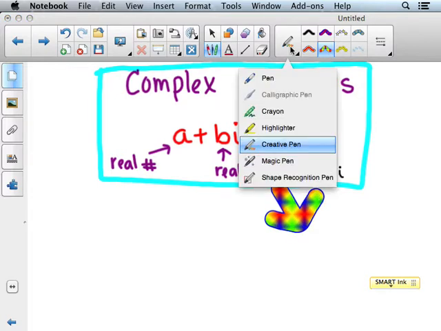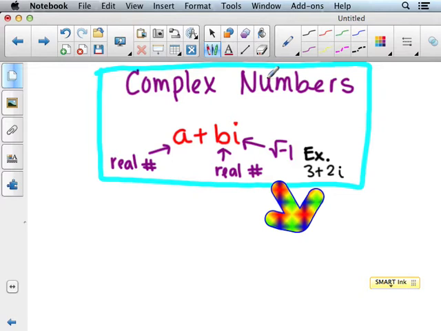We've got imaginary numbers, regular imaginary numbers. Now, imaginary numbers, let's do this in purple. Imaginary numbers are basically the same thing as complex numbers, except here, b cannot equal 0.